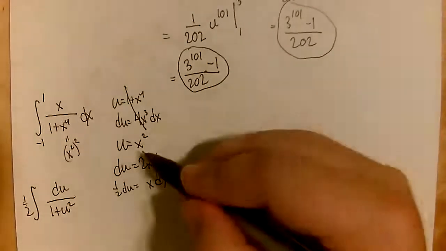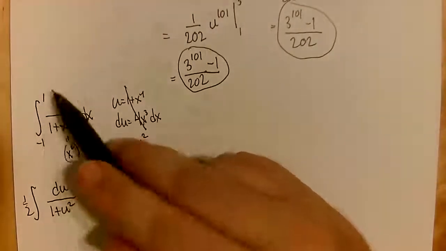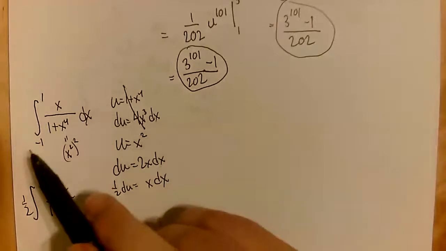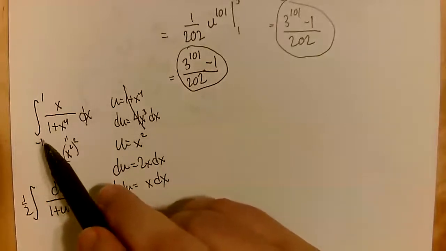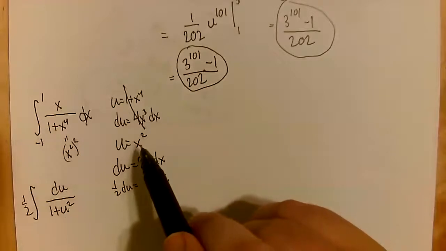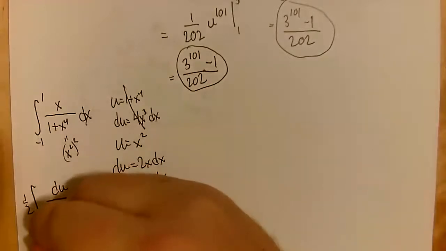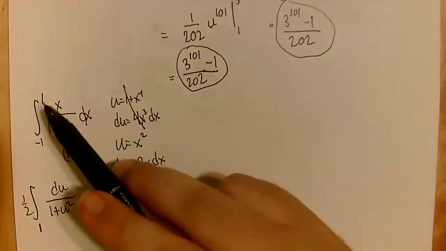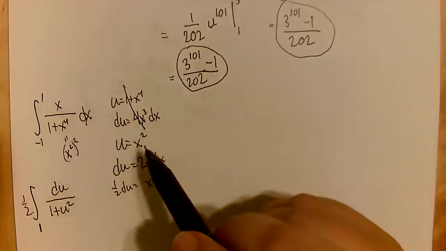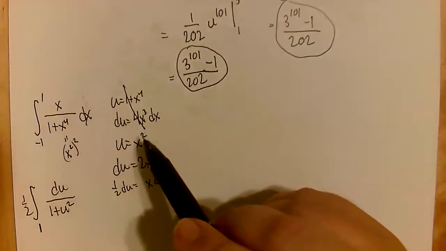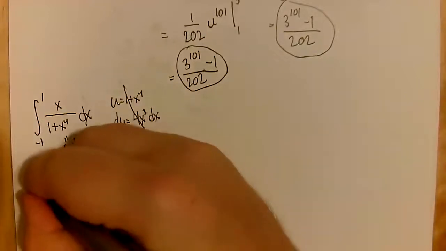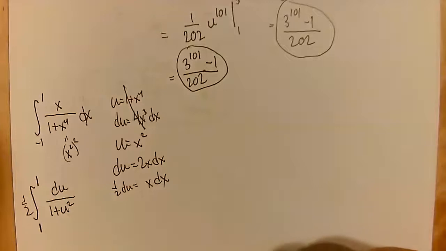So what we do is we change our old bounds into some new u bounds. So for example, I take -1, I plug that into here, and I square it, and I get 1. So that's going to be my new lower bound. Then I take my upper bound, and I plug it into the formula. I have 1 squared, which is also 1. So then I plug that into the formula.